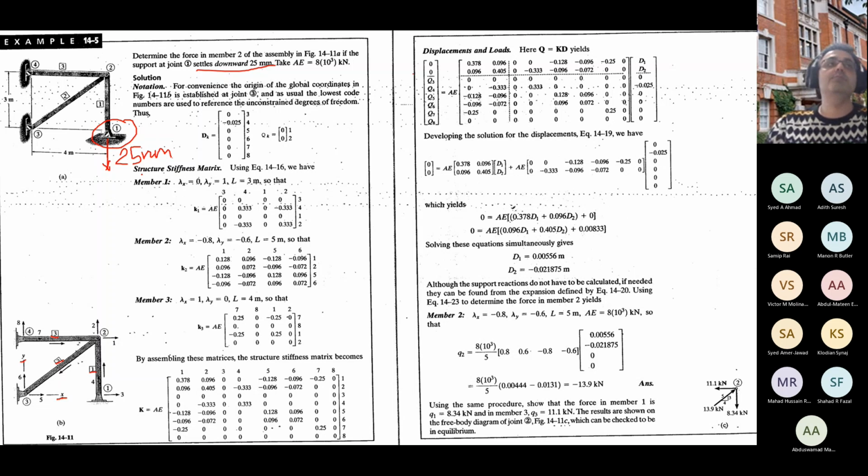So we want to see how it works in the context of direct stiffness methods. And to be honest, every single effect like this one is very straightforward to implement in the direct stiffness method or matrix analysis. And this is not really straightforward in the force-based approaches, as you know.